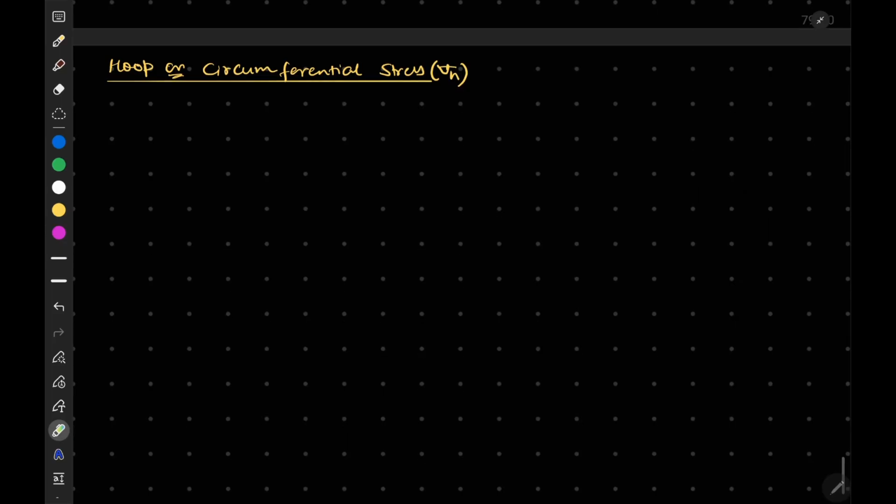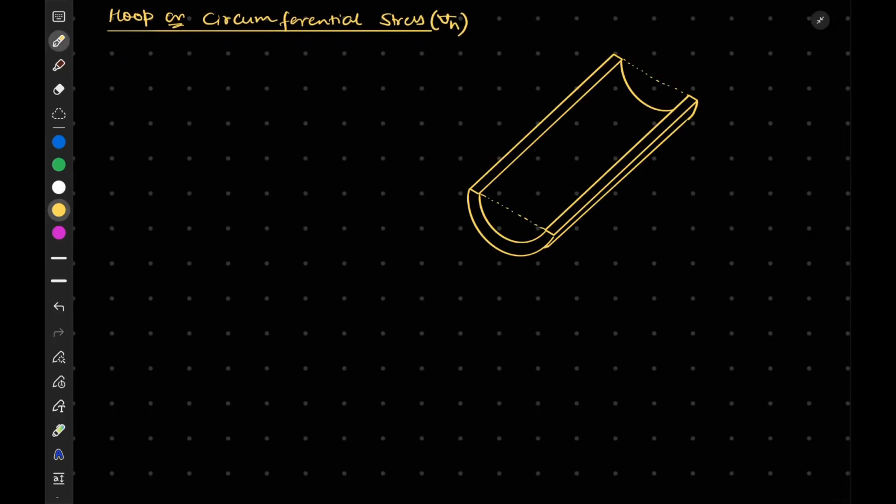Let me draw its view here. So let's say this is how the portion will look. This here represents the diameter D, and here is the thickness T of the vessel. Now along this longitudinal line, this is the direction of action of sigma L, and the hoop stress will act in an upward direction, perpendicular to this plane.